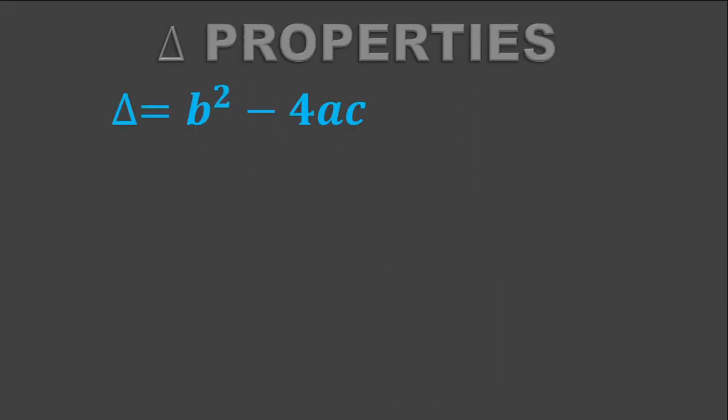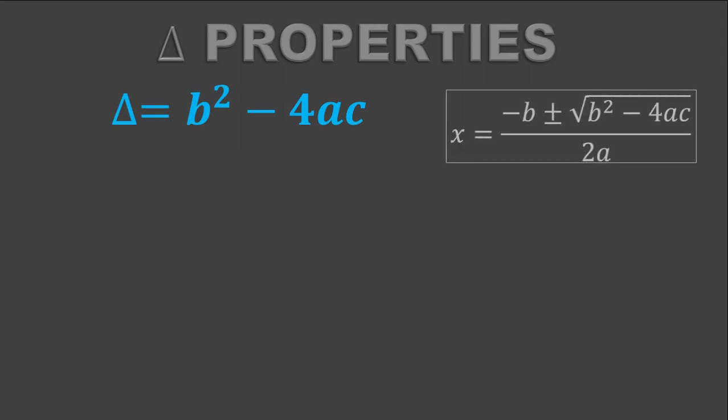So to begin, the discriminant is equal to b squared minus 4ac. And before we go on, let's just remind ourselves where this comes from. When we look at the quadratic formula, we can see that the discriminant is the expression that lies under the square root.